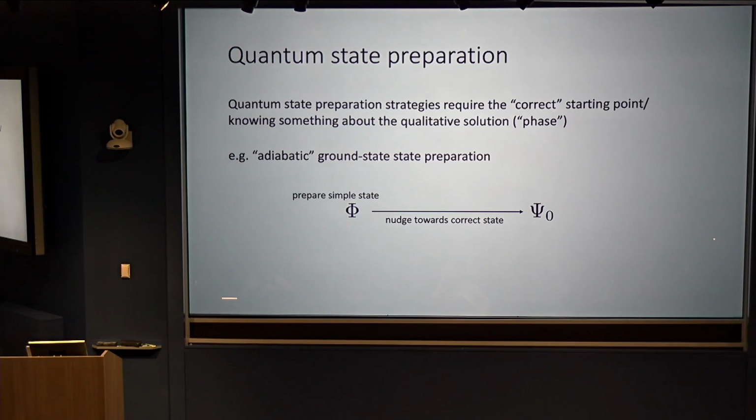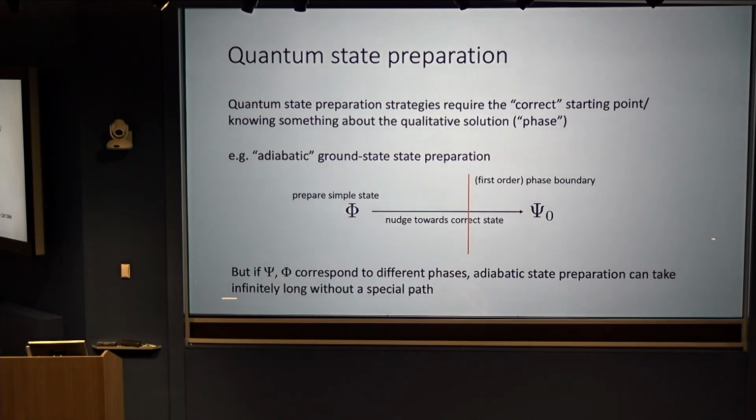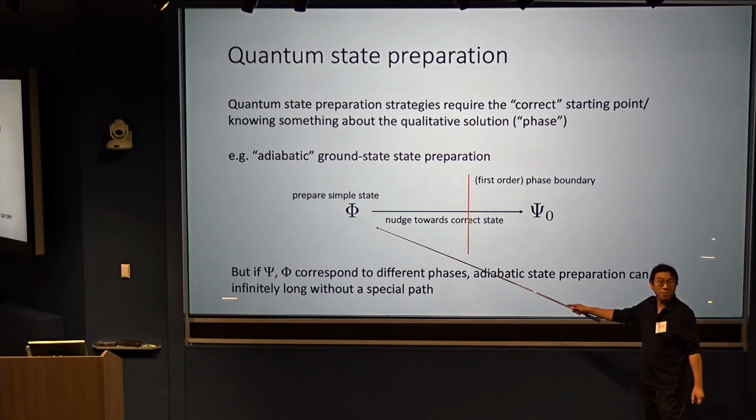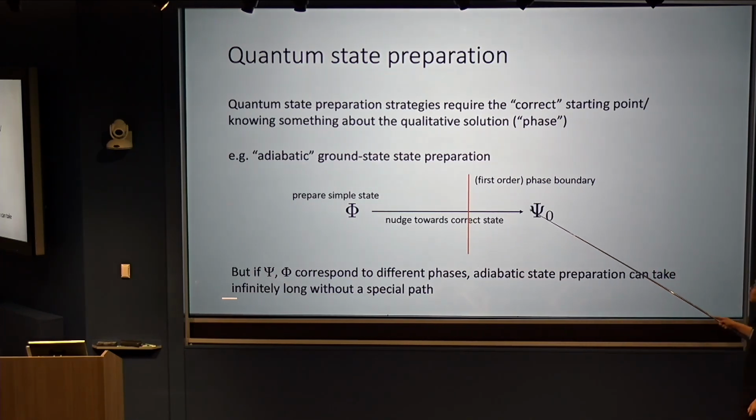But the problem with this procedure is that if you prepare a state that has the incorrect qualitative form, let's say you start in the wrong phase, then in this process of nudging towards the correct state, you encounter an obstruction. And in fact, this preparation process can, without any additional information, take an infinitely long time.